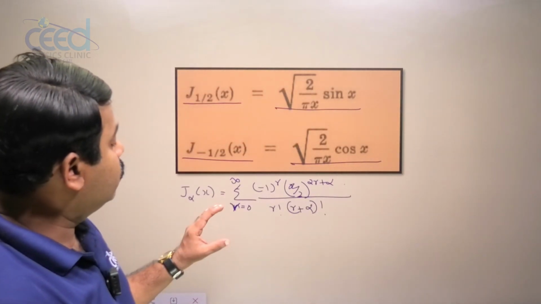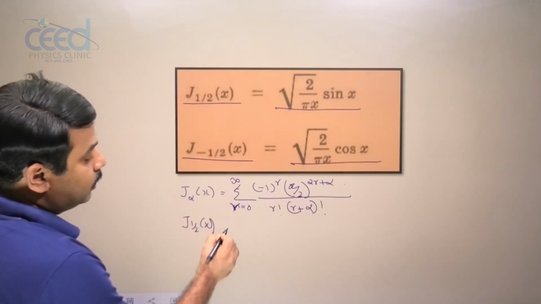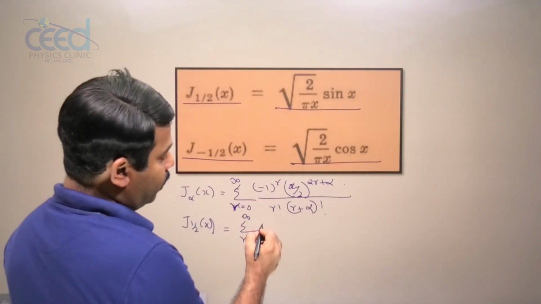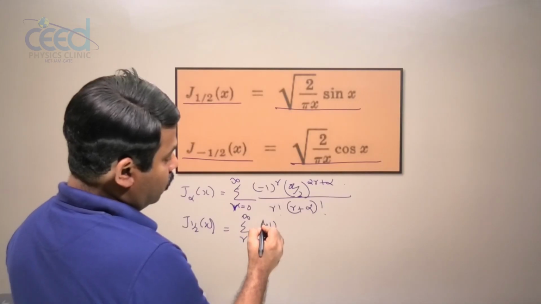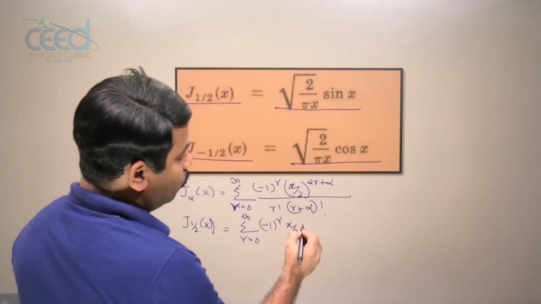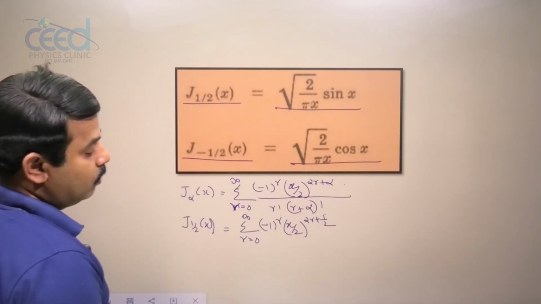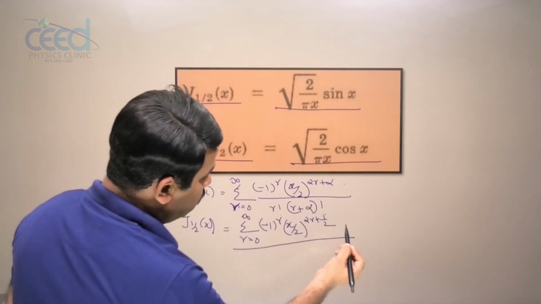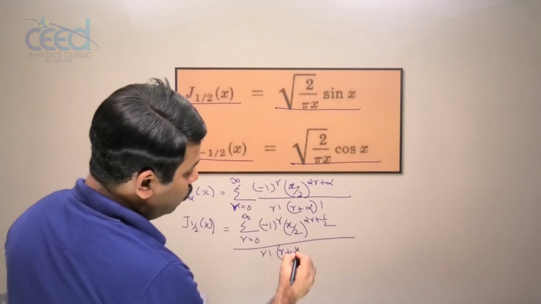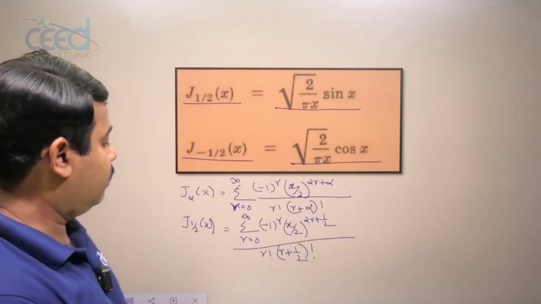Now, suppose you need J1/2 of x, then what you have to put? Sigma r is equal to 0 to infinity, minus 1 raised to r, here alpha is 1 by 2, then x by 2 whole raised to 2r plus 1 by 2, divided by r factorial into r plus 1 by 2 whole factorial. Okay, this is the formula.